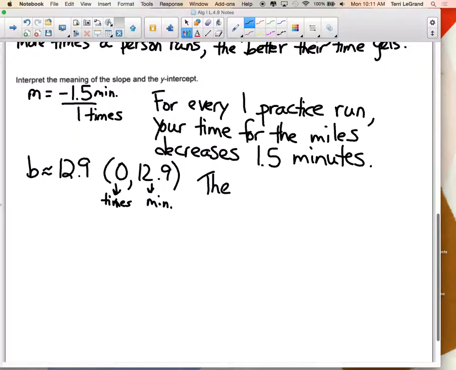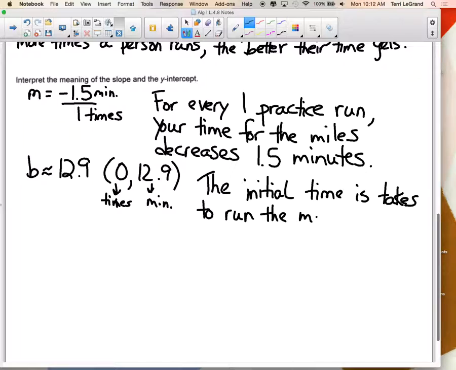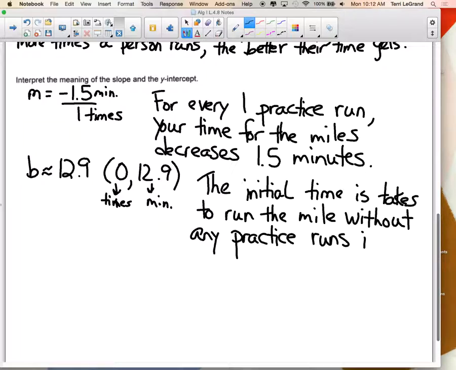So the initial time it takes to run the mile without any practice runs is 12 9/10 minutes.